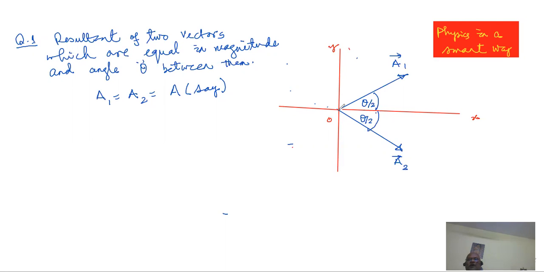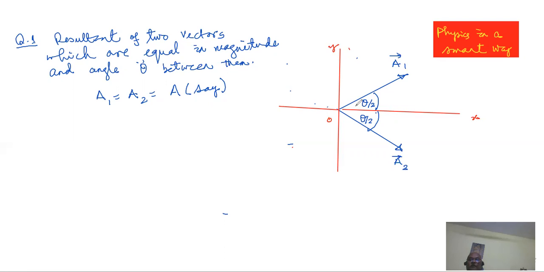So I have considered the x-axis in such a way that it is bisecting the angle between them. And I have a right to do so. If I find something useful, then nobody can complain. So that is the case.